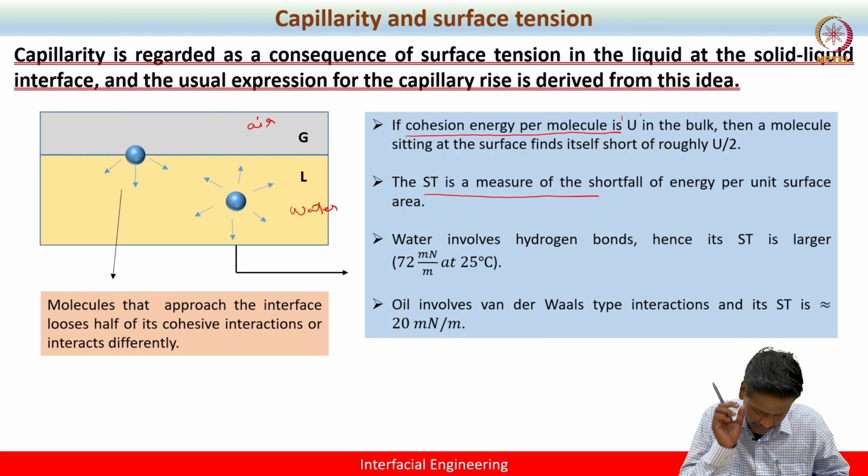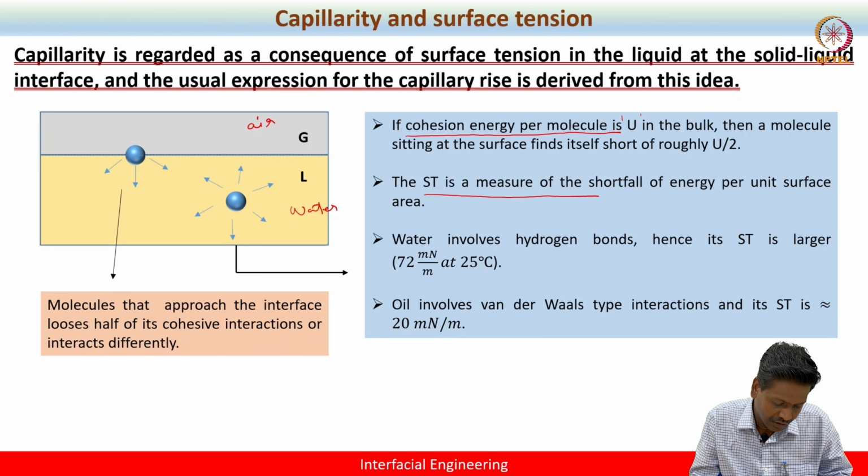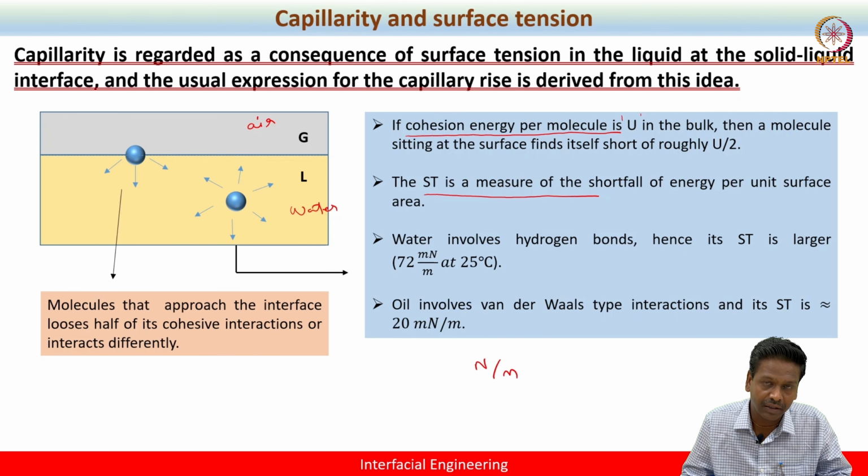Okay. So in a nutshell, at the surface, at the interface, there will be a force, a line of tension, along the length of the surface, because of the shortfall of energy. So that's why it is often expressed in terms of Newton per meter, unlike a pressure unit.